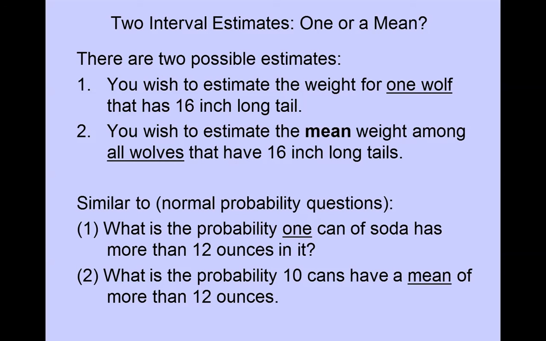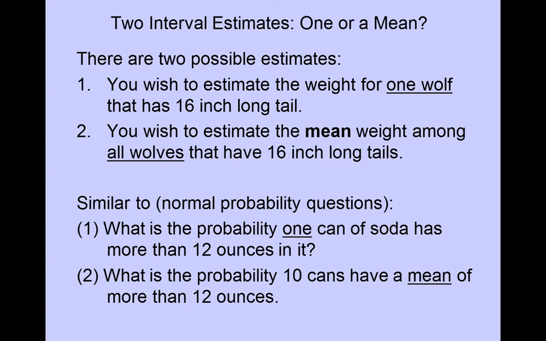The idea is similar to what you could do with a normal probability question. Suppose you've got the fill amounts of soda in cans that are normally distributed. What's the chance a single can has more than 12 ounces of soda in it, versus taking several cans and talking about the mean?